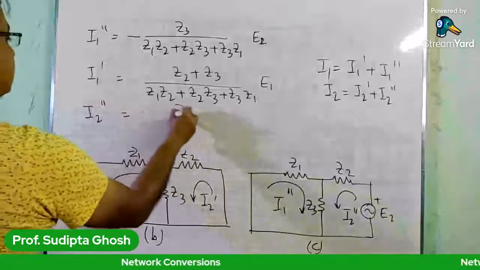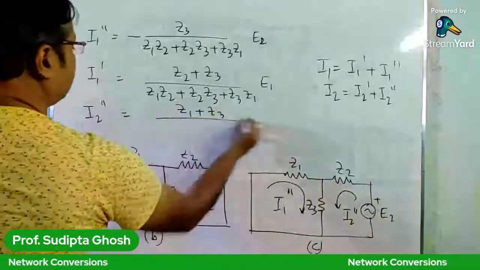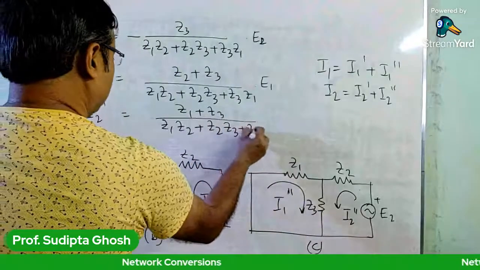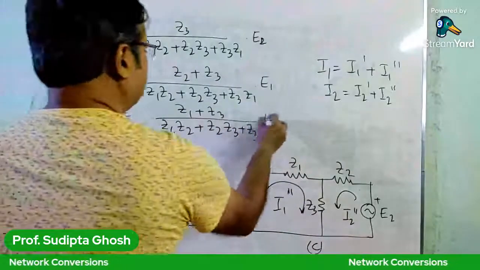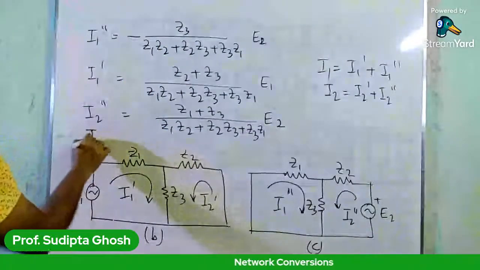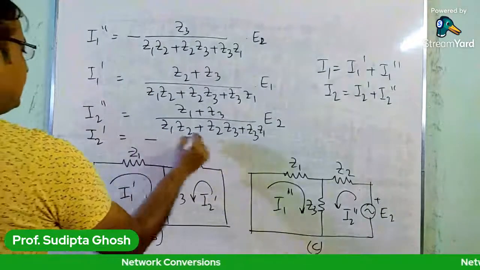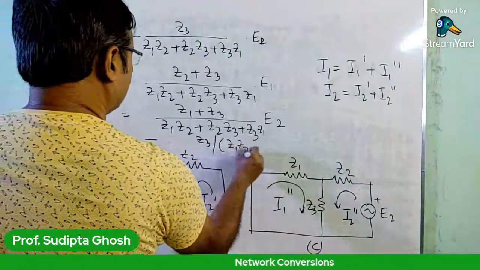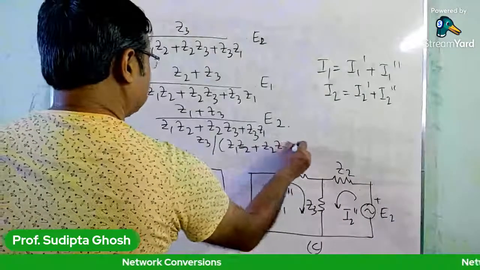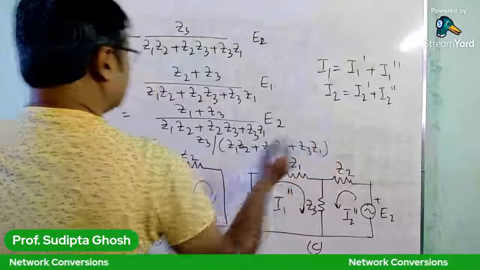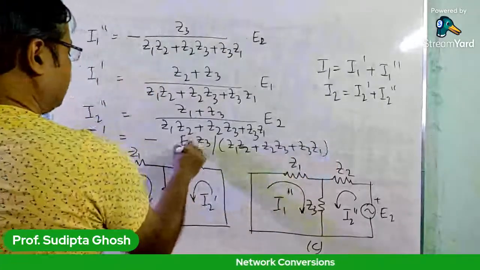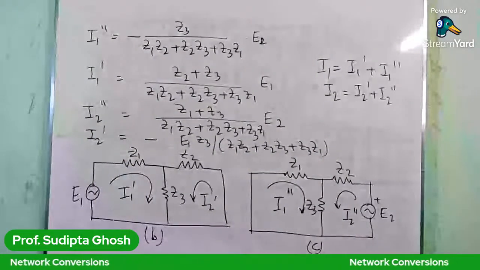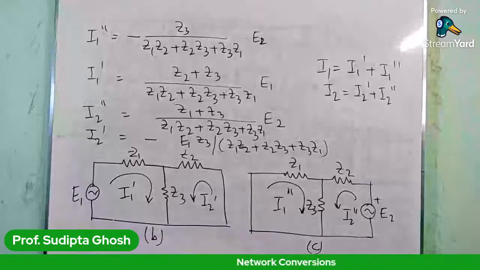I2 double prime is (Z1 plus Z3) divided by (Z1 Z2 plus Z2 Z3 plus Z3 Z1) into E2, and I2 prime equals minus of Z3 divided by (Z1 Z2 plus Z2 Z3 plus Z3 Z1) into E1. I am writing E1 here. So these are the different values of I1 double prime, I1 prime, I2 double prime, and I2 prime.